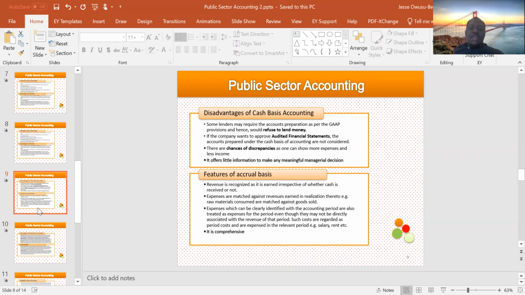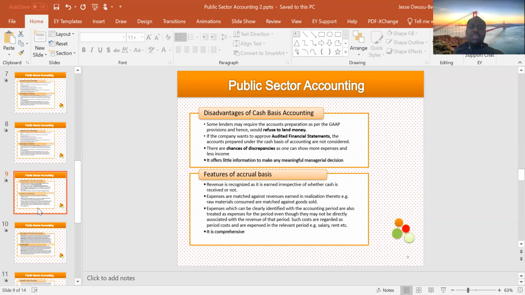Another feature is that expenses are matched against revenues earned. Very simple. So what does this mean? The raw materials consumed, for example, are matched against goods sold. The matching concept applies under the accrual basis of accounting.